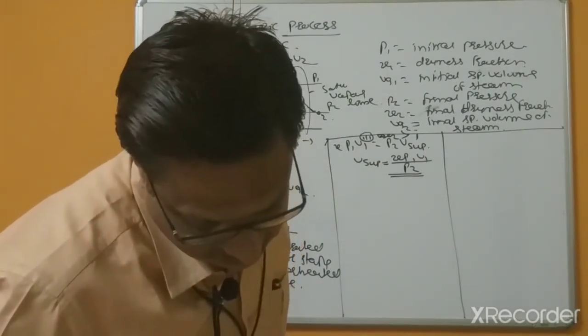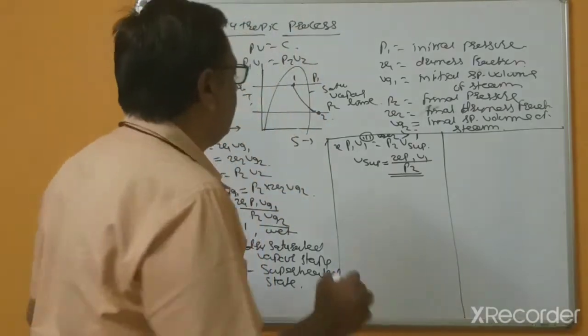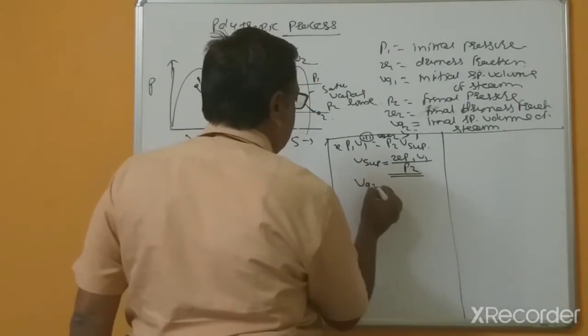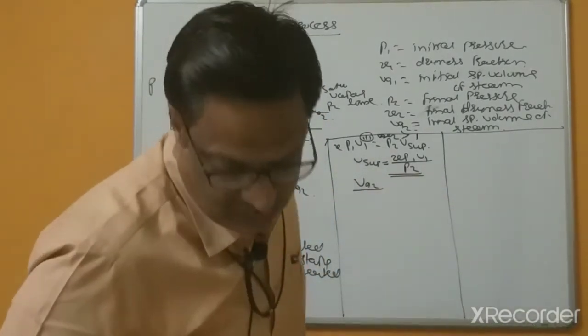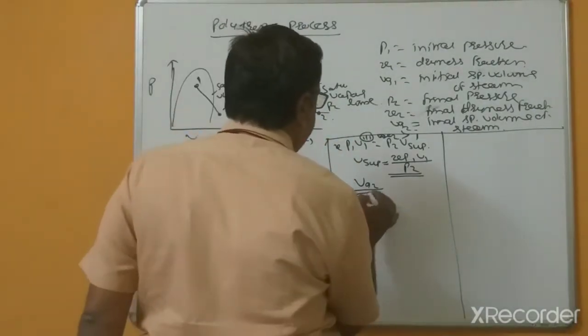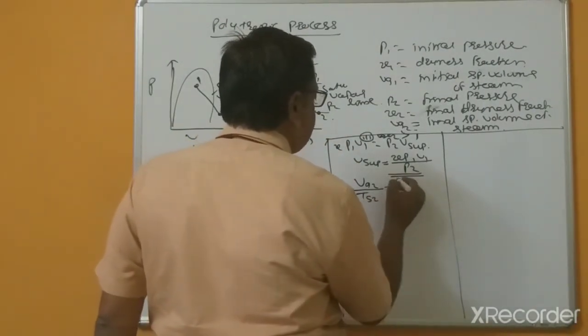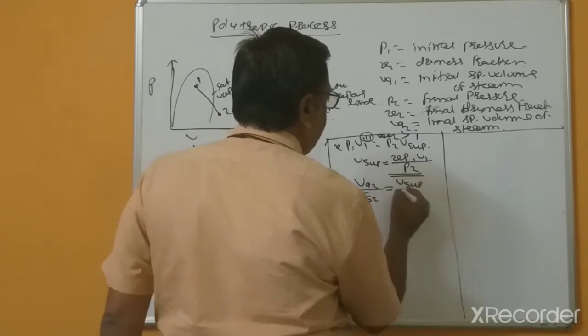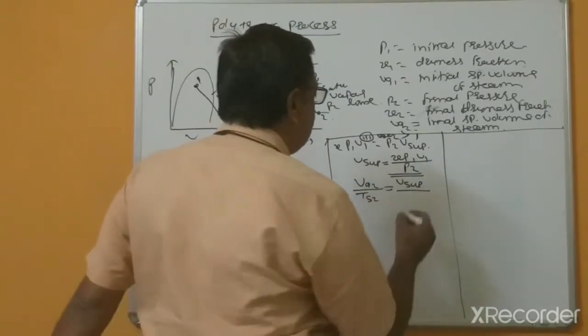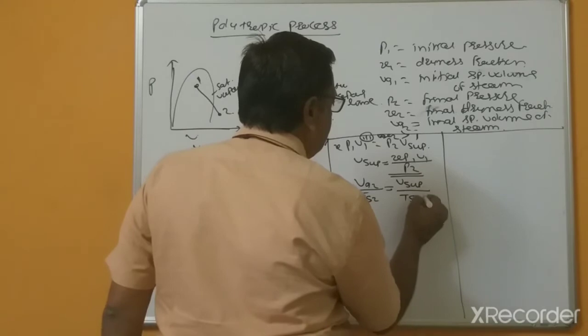Otherwise, by using the formula with Vg2 and T saturated temperature, the final temperature, the superheated specific volume is divided by T superheated.